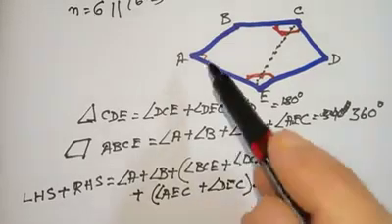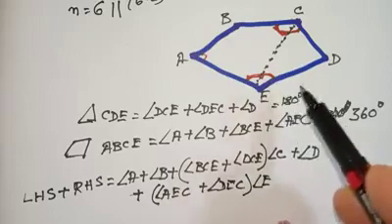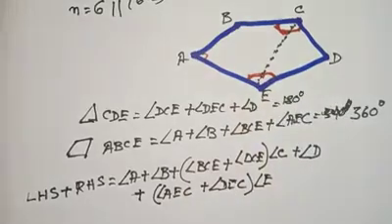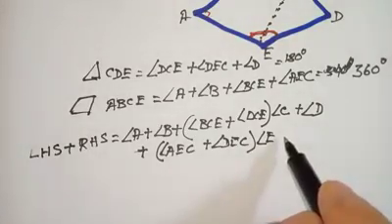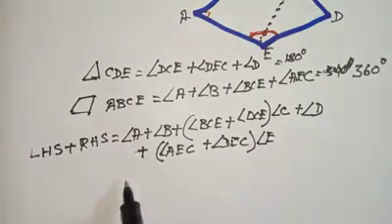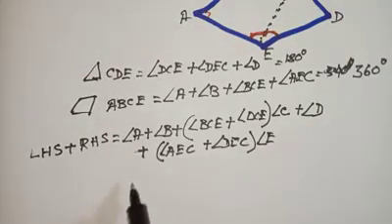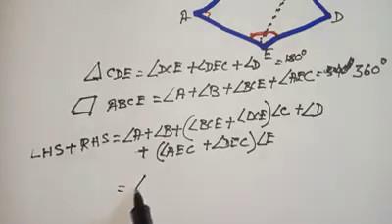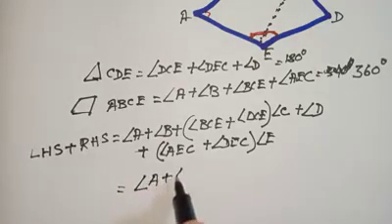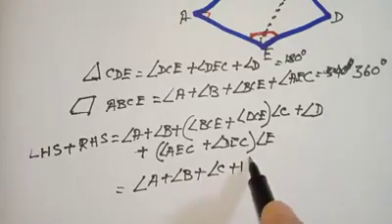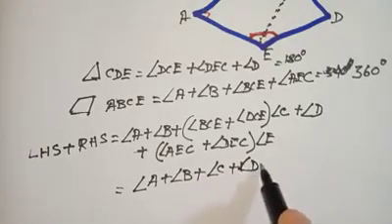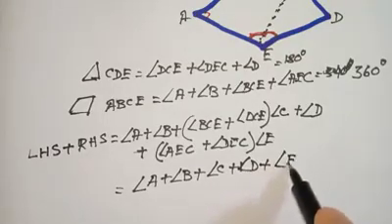So now we get angle A plus B plus C plus D plus E, right? So now let us write it. And this one would be equal to how much? 360 degrees we have already written. So we write over here equals to angle A plus angle B plus angle C plus angle D plus angle E. So all of them would be equal.